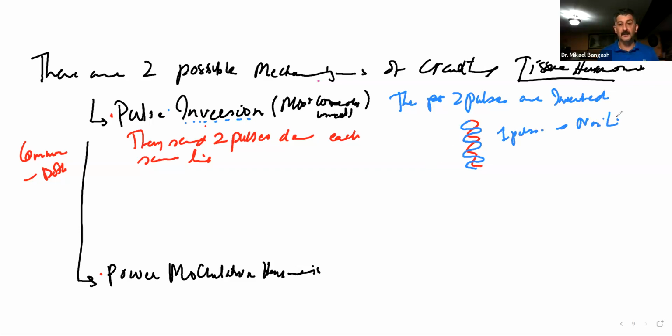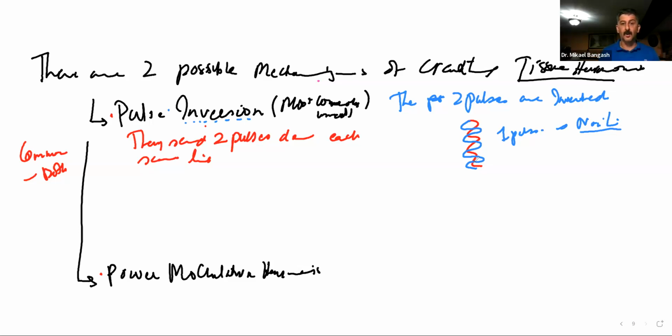They are sent out as inverted pulses, a complete opposite, but mainly because one is non-linear, its propagation speed and things like that is not going to be the same as the original pulse.